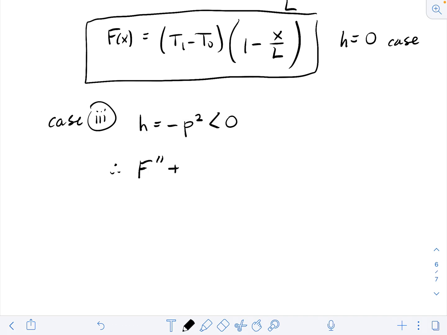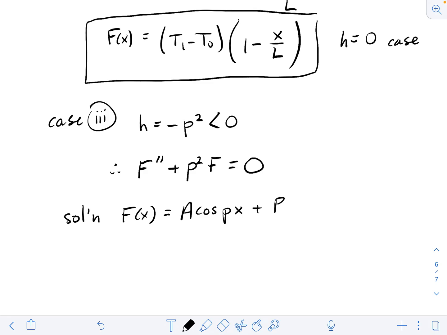And so instead of minus h, we're going to have plus p squared f is equal to 0 for this differential equation. The solution, which again you could confirm just by evaluating the derivative and plugging it back in, is a sum of trig functions.